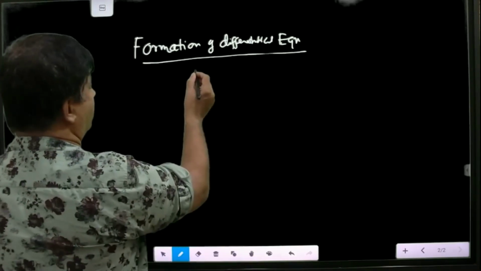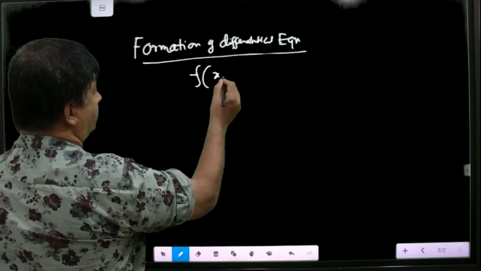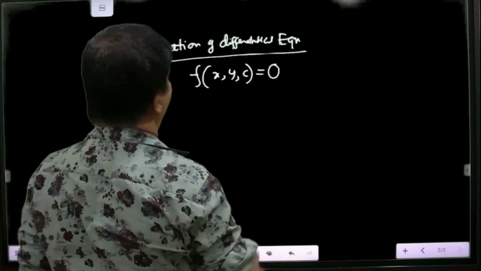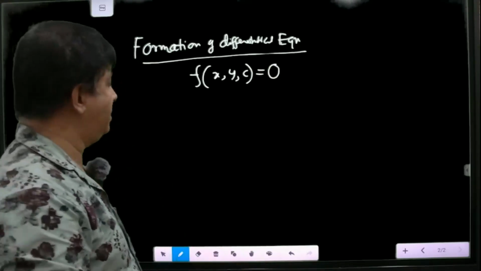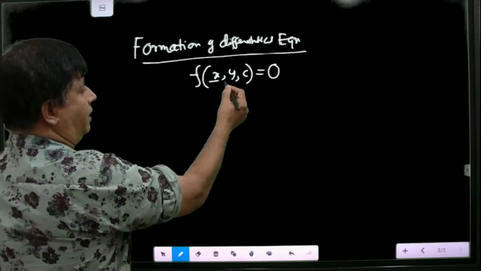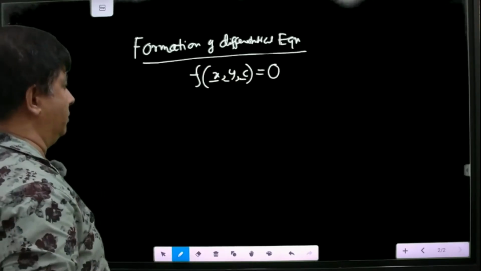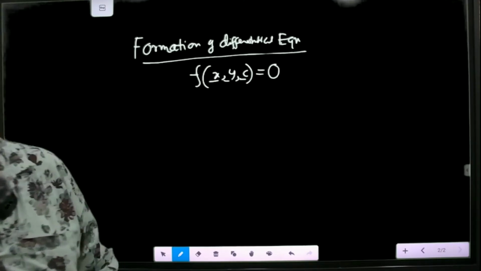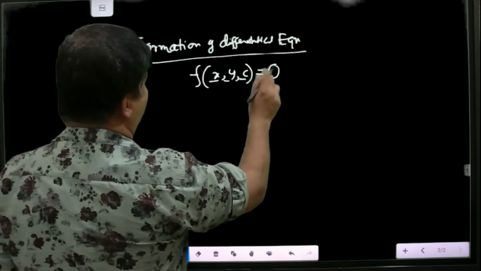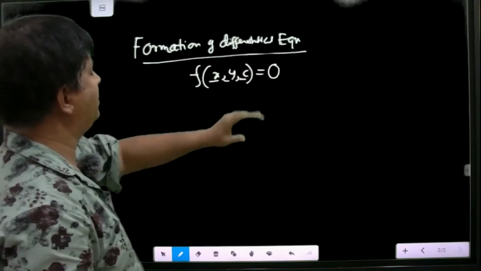See, suppose you have got one equation of this type. What type of equation is this? This is the combination of independent variable, dependent variable and constant. Now, how to frame a differential equation?